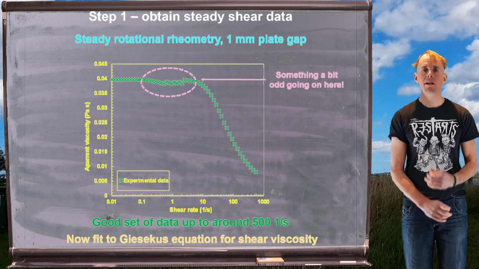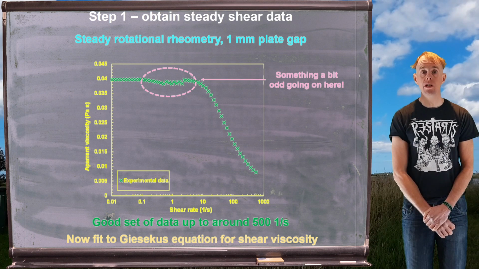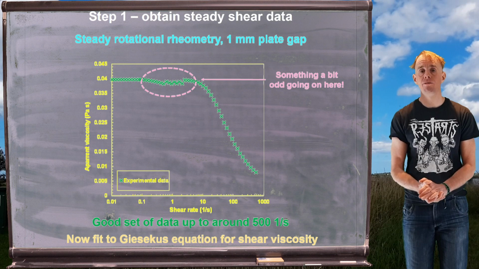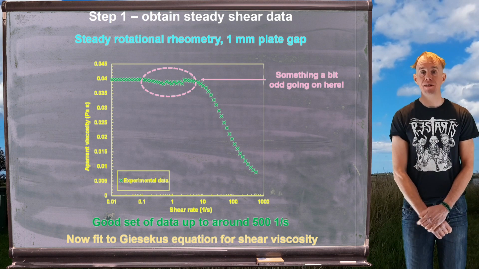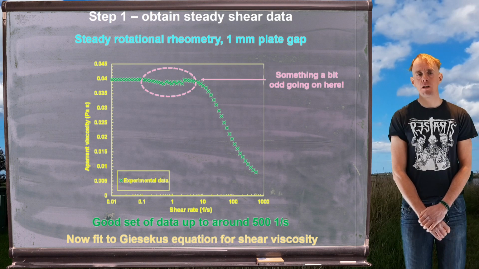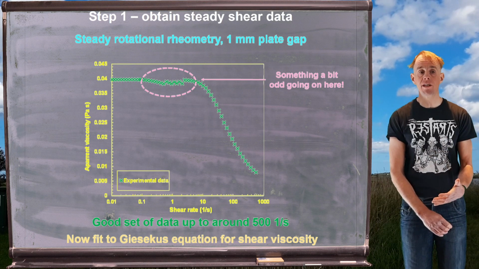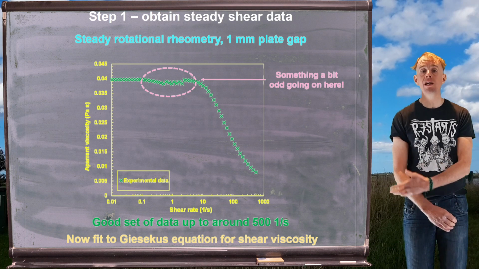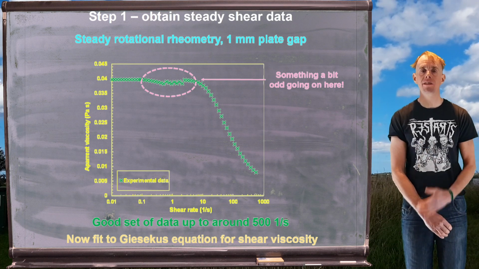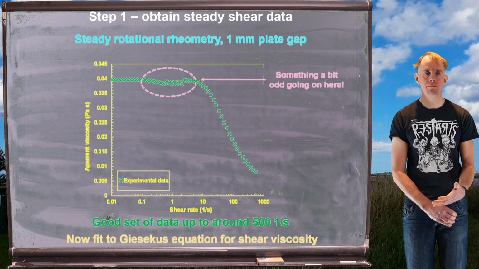For this system, effectively a dilute polymer solution, we have something with far less viscoelasticity that is far better behaved, in a manner of speaking, in this parallel plate system. So we can get good rheometry data in steady shear up to relatively high shear rates, and we don't need to resort to capillary rheometry to get a complementary data set.